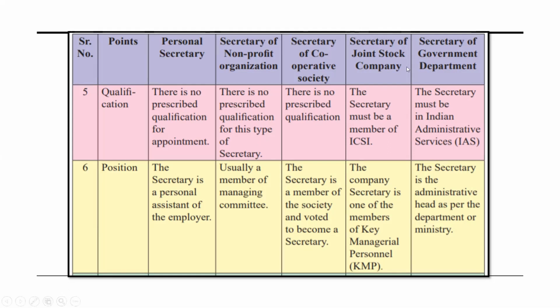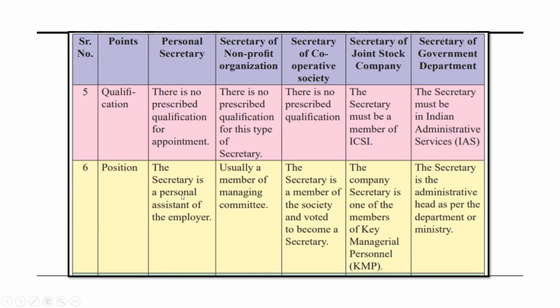But in case of joint stock company and government department, there is a compulsion. The secretary must be a member of the Institute of Company Secretaries of India in case of joint stock company. The secretary must be in IAS, that is Indian Administrative Services, in case of a government department.